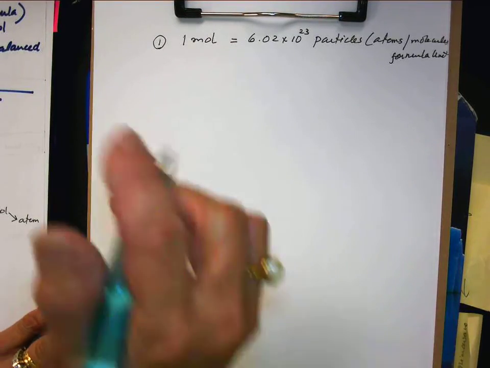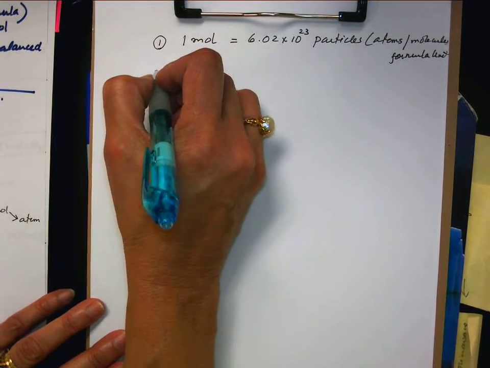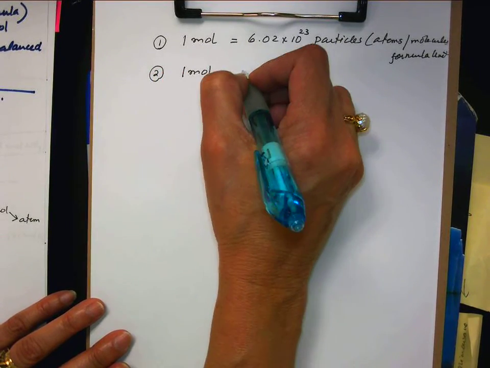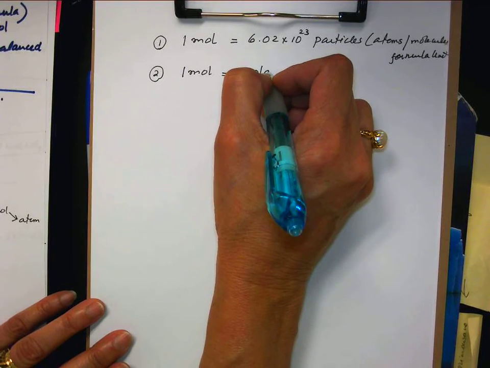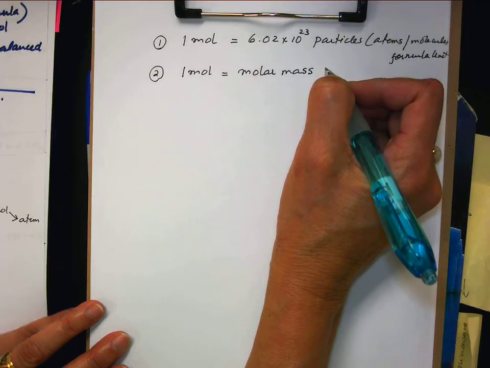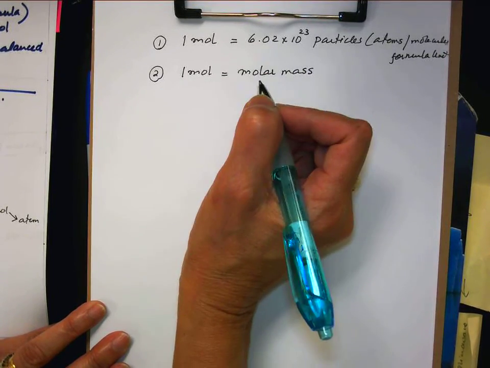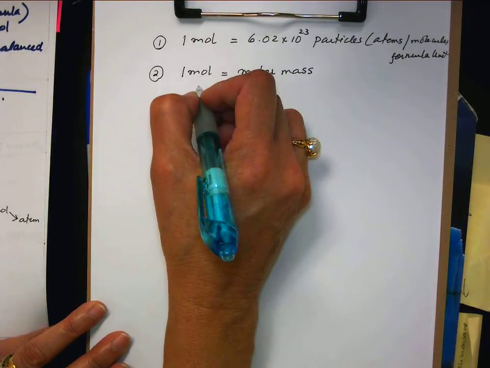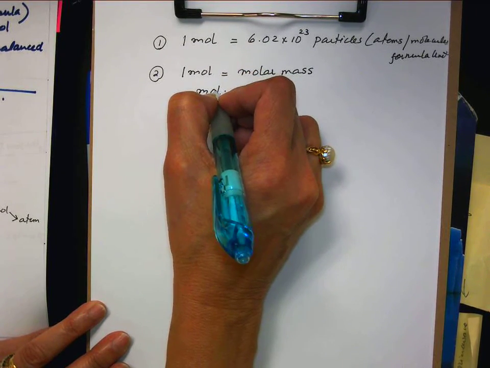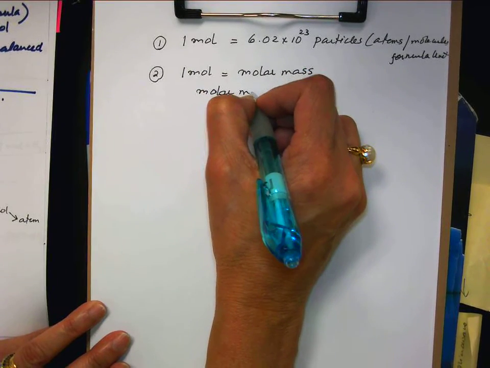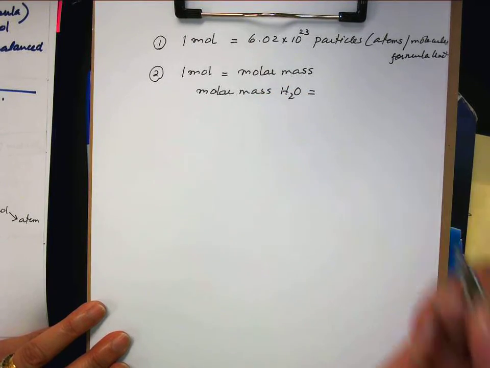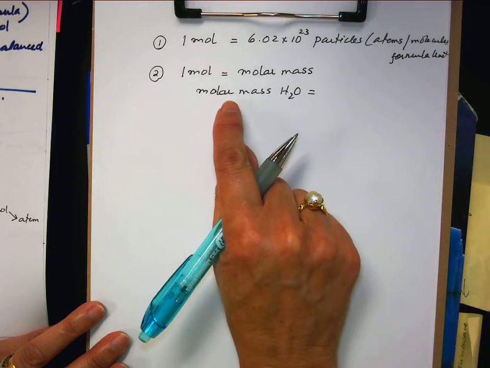Okay. And then number 2 you need to know is that 1 mole of anything is the molar mass. Molar mass means the mass of the element, which will be 1 mole. So for example, what is the molar mass of water?